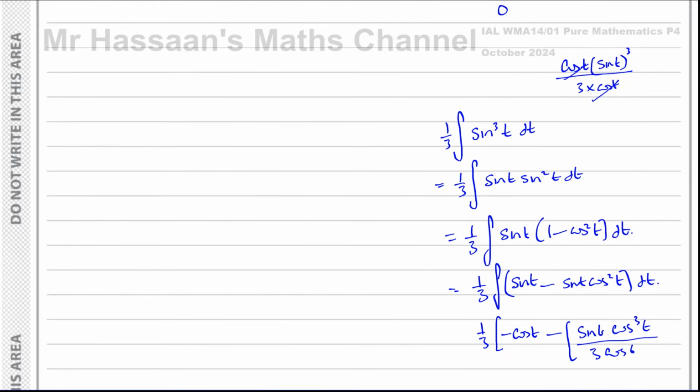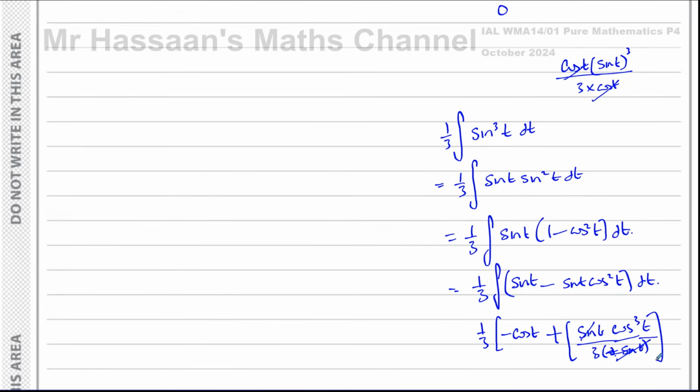Sorry, what am I doing? Divided by 3 times the differential of what's inside the function. The differential of cosine t is minus sine t. So this cancels with this. Minus and minus becomes plus.